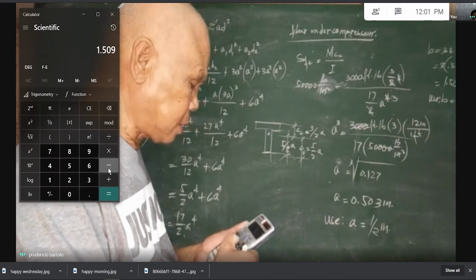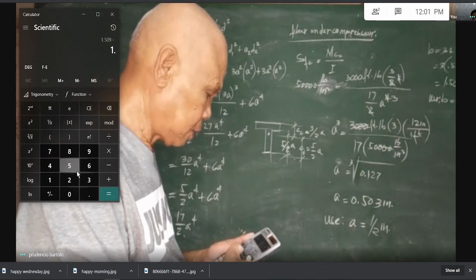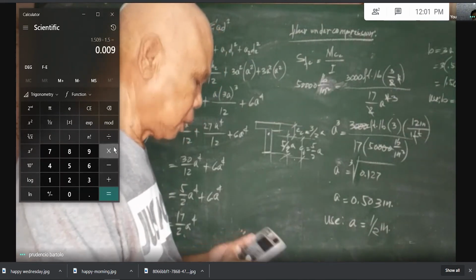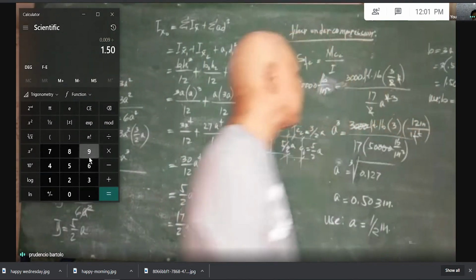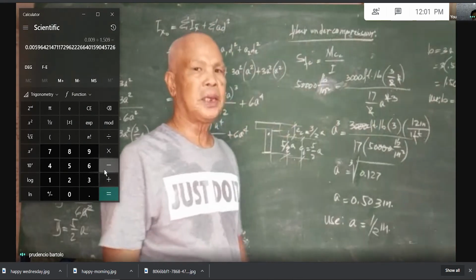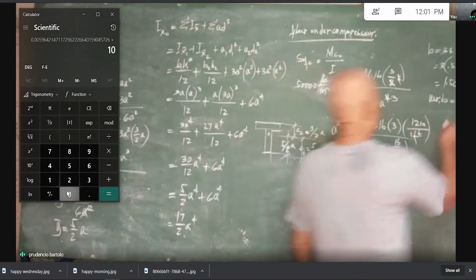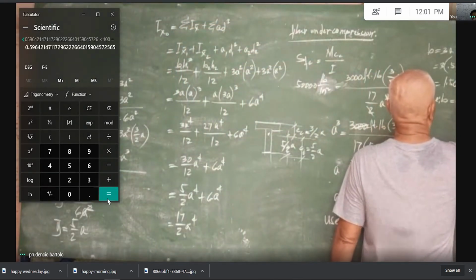That is less than 5%. So we can use the lower value, 1 and 1/2.